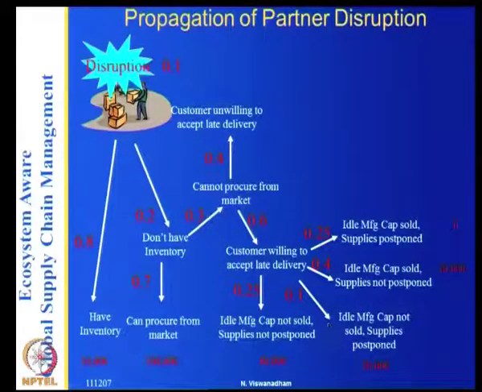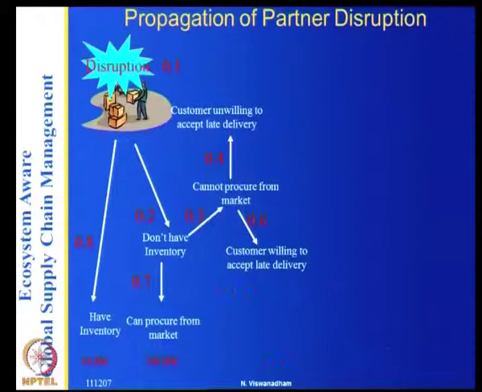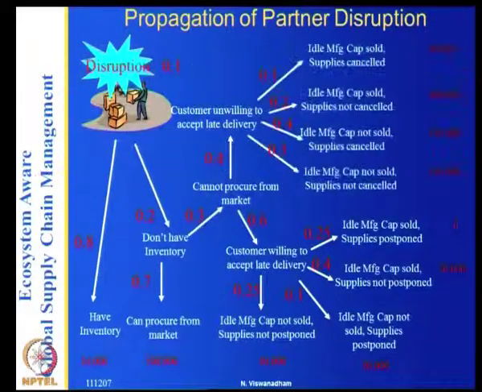Idle manufacturing capacity not sold and supplies postponed is another case. Your capacity gets wasted away, and you have to maintain the supplies and so on. And here, if the customer is willing to accept late delivery, there are four cases: idle manufacturing capacity sold and supply cancelled, idle manufacturing capacity sold and supply not cancelled, idle manufacturing capacity not sold and supply cancelled, and idle manufacturing capacity not sold and supply not cancelled.